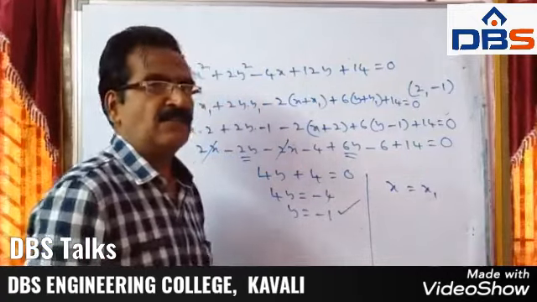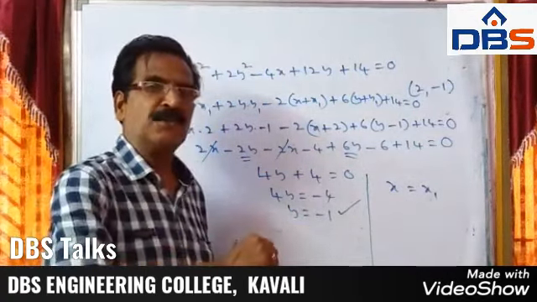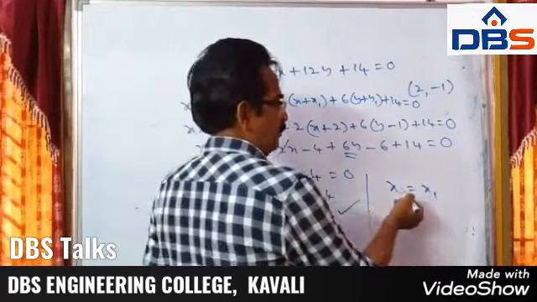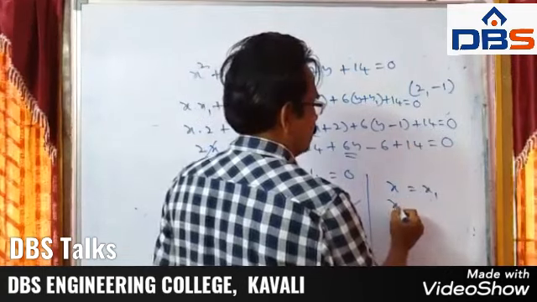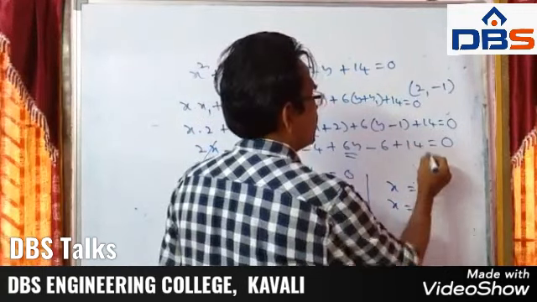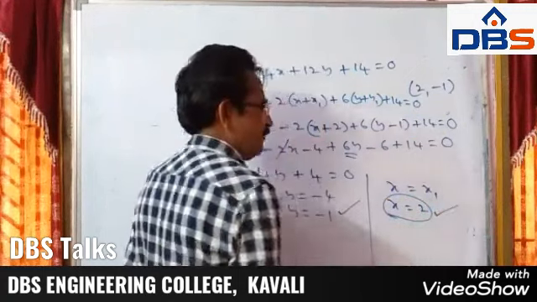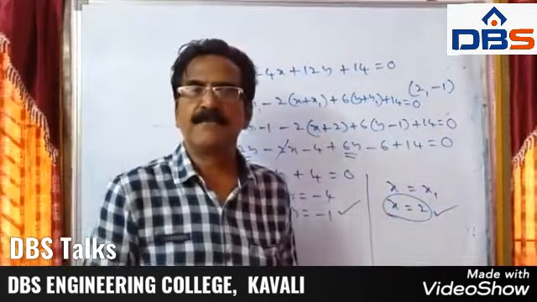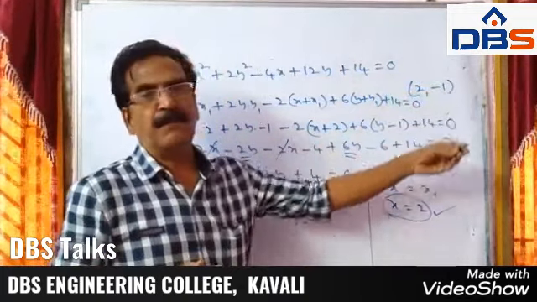So the line x is equal to x1 is always perpendicular to y is equal to y1. This x is equal to x1 is passing through 2 comma minus 1, so x1 is 2. So x is equal to 2 is the equation of the normal at this point.